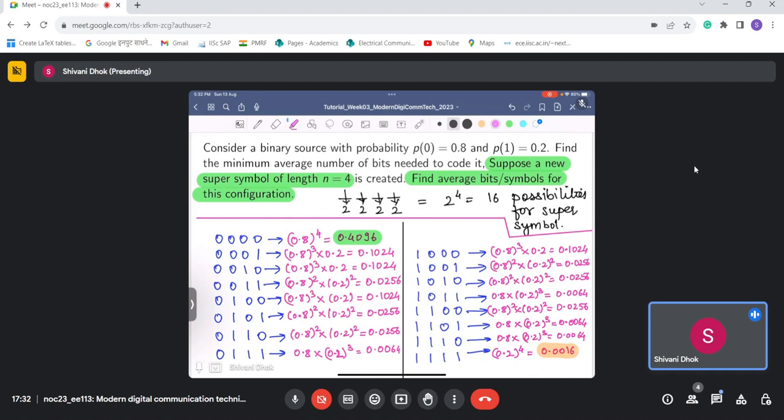Then this factor appears 4 times. Then this factor appears a total of 6 times.